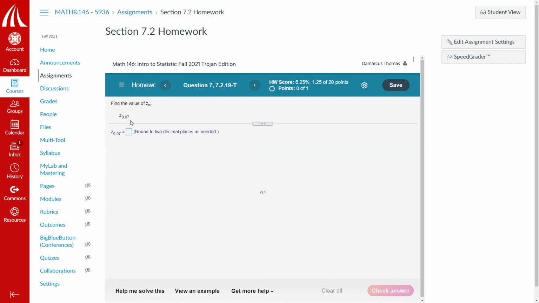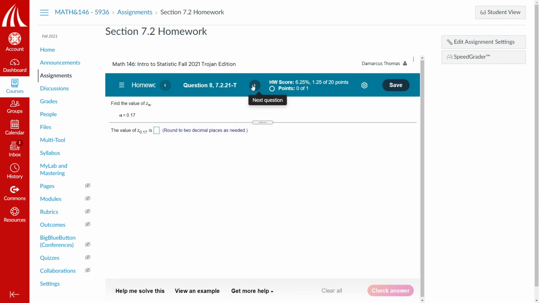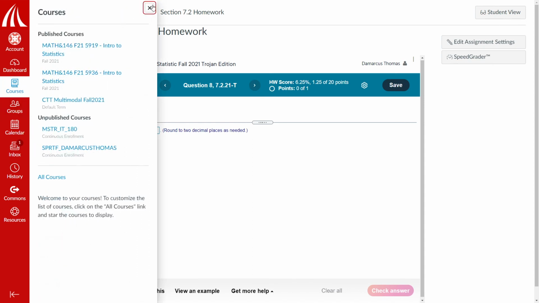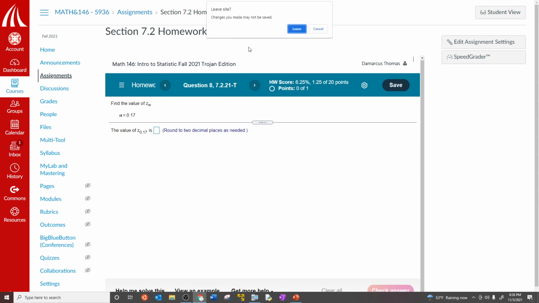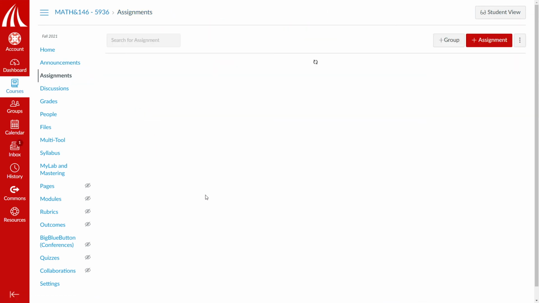Alright, Z sub alpha, this is the top 7%. We're looking for the Z-score that corresponds to the top 7% there. Let's take a look at section 7.4.